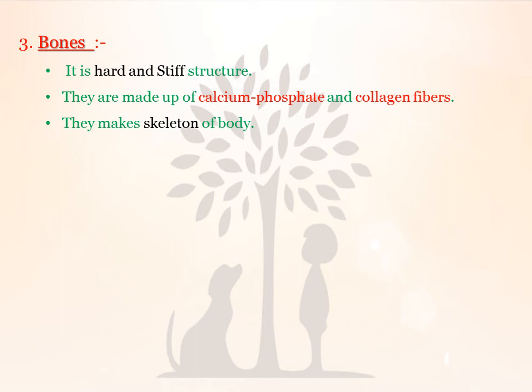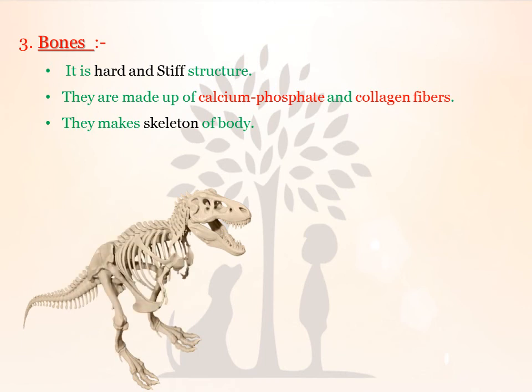Skeleton is a group of bones which makes the framework of our body. This is the structure of the skeleton, representing different types of bones that combine and form the framework of our body or other organisms' body.